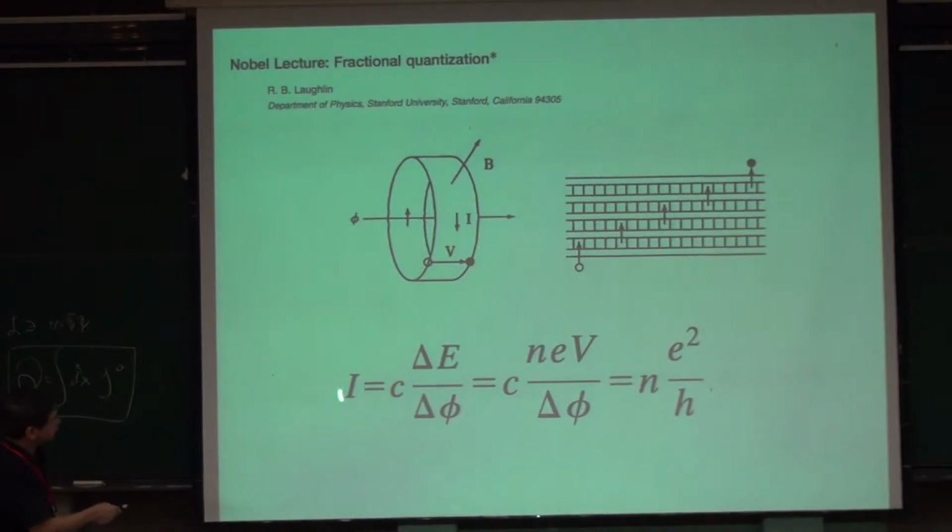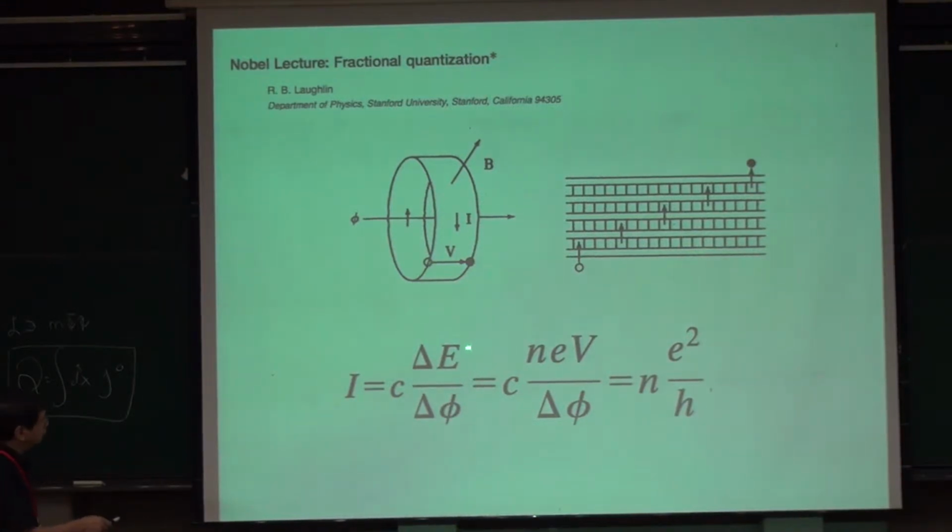So this formula is from thermodynamics. You just calculate the change of the energy in the system and divide by the change in flux.